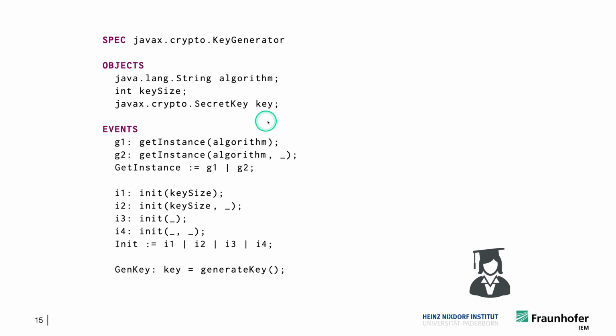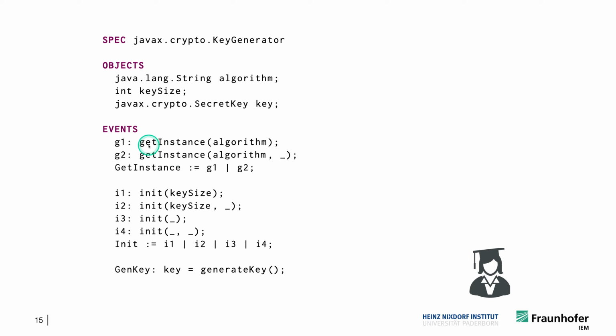Here in this objects block, we actually define a number of helper objects, or can also be primitive values like you see here, by just giving them a name and stating their type. And then these identifiers can be used later on here, in particular also in this events section. And here we name, and we also give a name to a number of different events that are relevant to the specifications. For instance, on KeyGenerator, you can call these getInstance methods to actually generate a KeyGenerator.